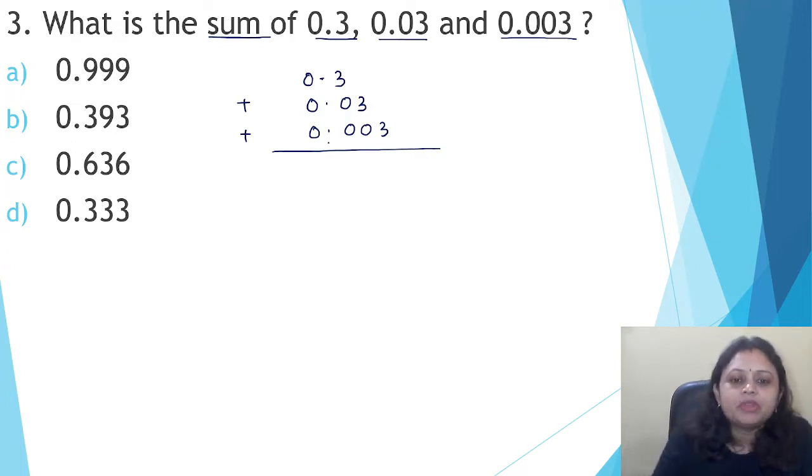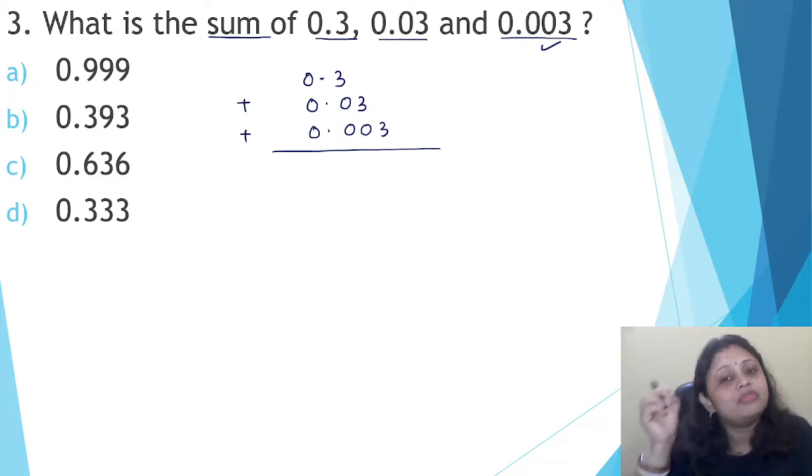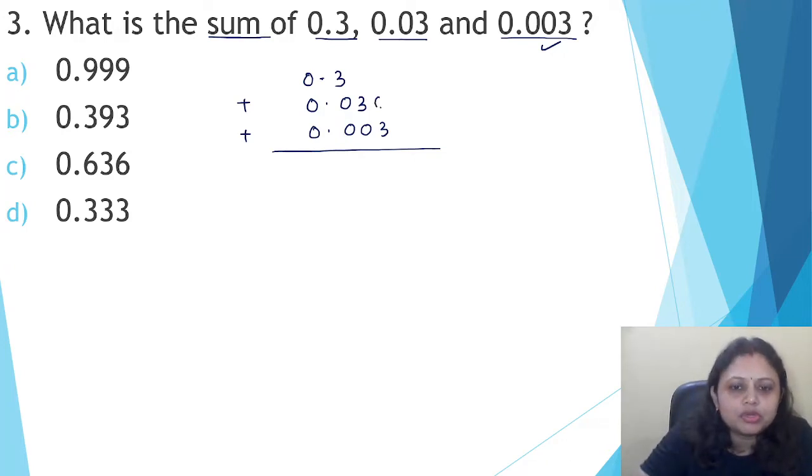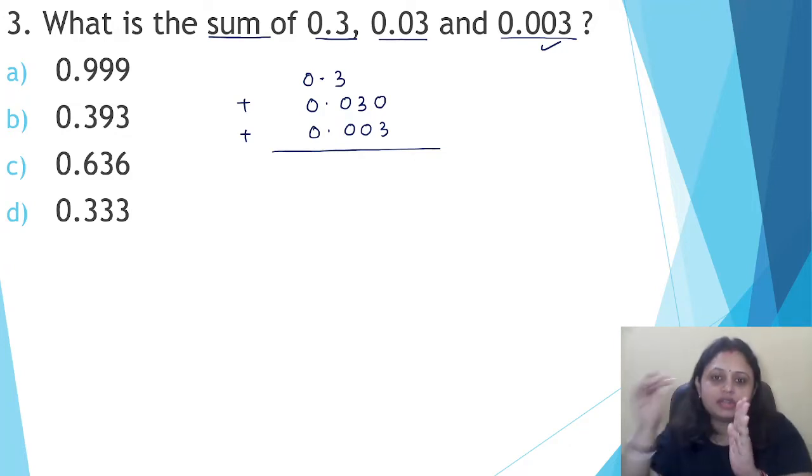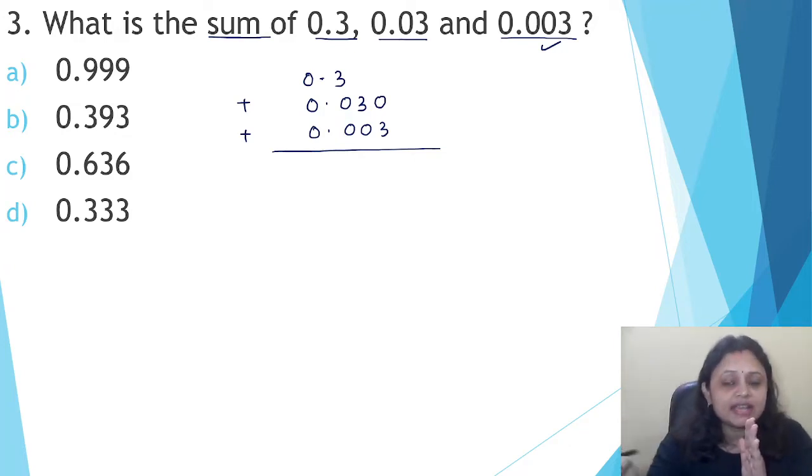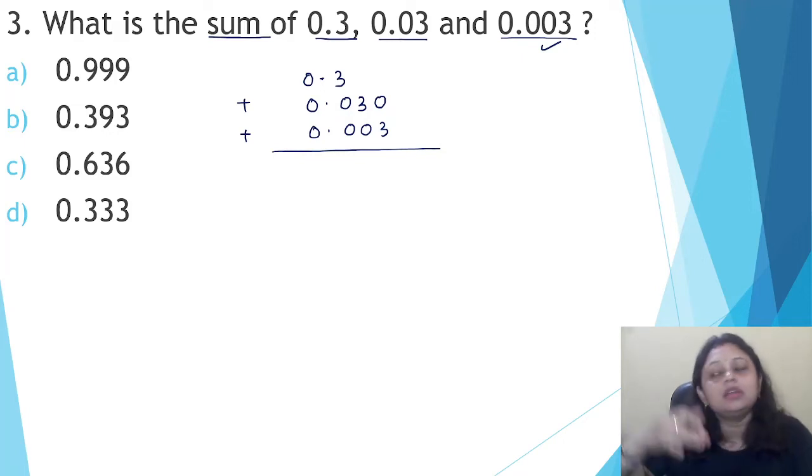Okay, see here in the last one 0.003, after decimal 3 digits are there, but in 0.03 after decimal 2 digits are there. We have to write 3 digits. So what we can do? We can put a 0 here. After decimal, on the right hand side, 0 has no value. Got it? After decimal, on the right hand side, 0 has no value.